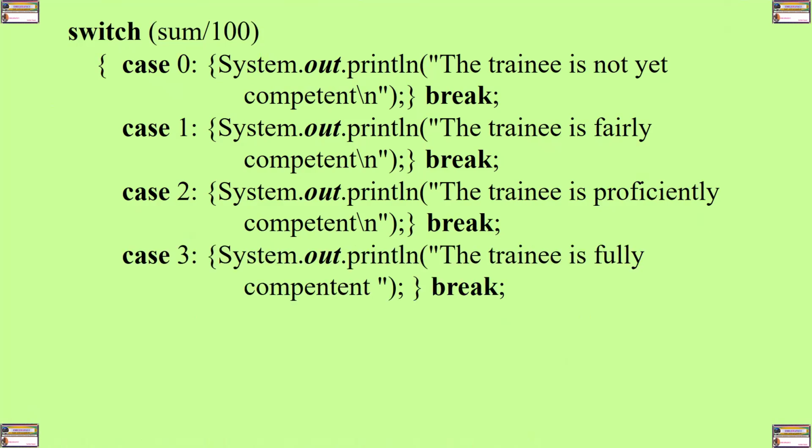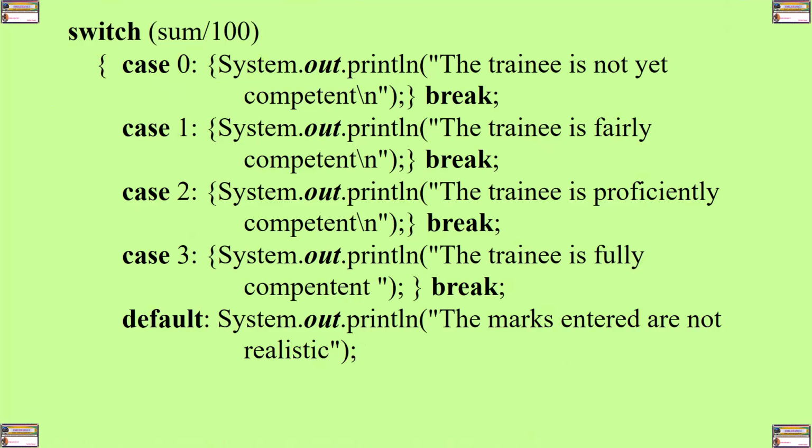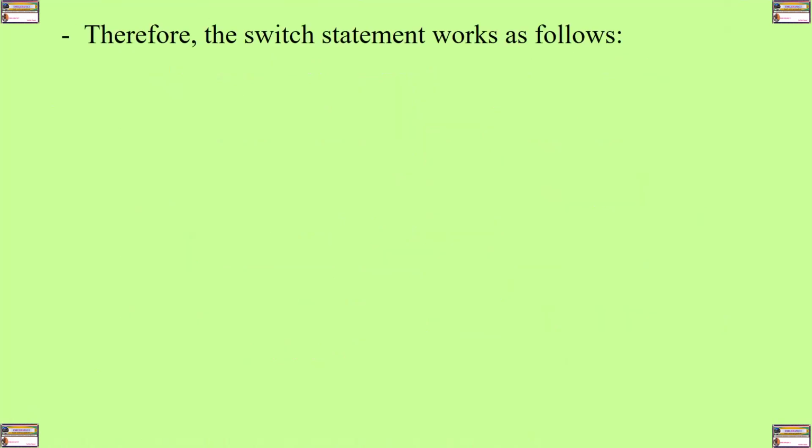However, if the expression results to value 3, the statement which should be displayed is that the trainee is fully competent and the processor will exit the structure. Otherwise, if the expression does not evaluate to 0, 1, 2, or 3, then the message that will be displayed is that the marks entered are not realistic, and that will mark the end of that program.